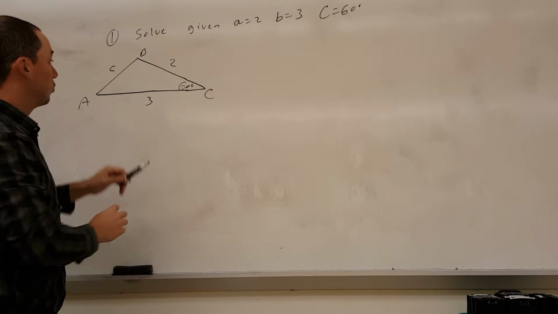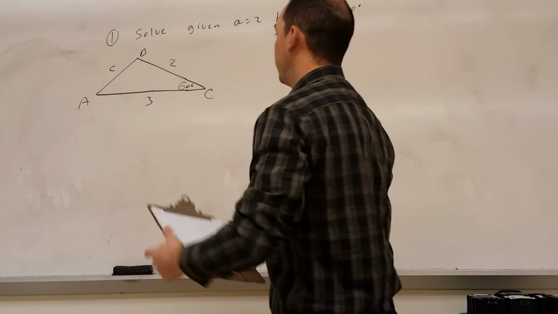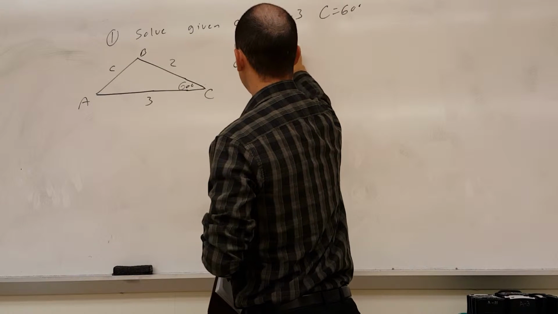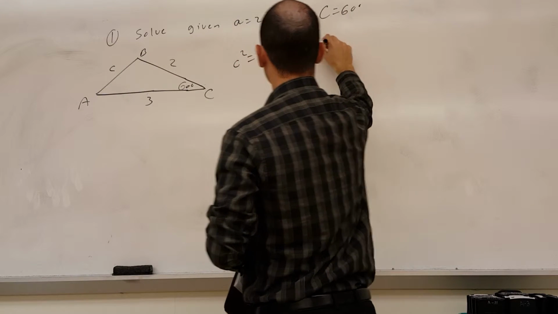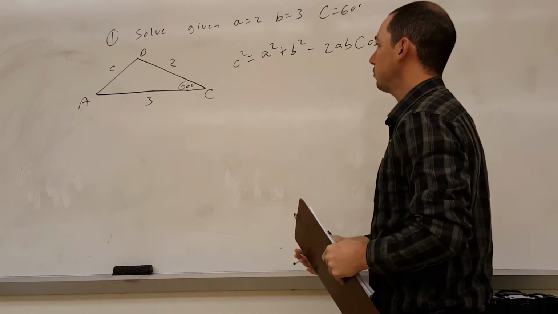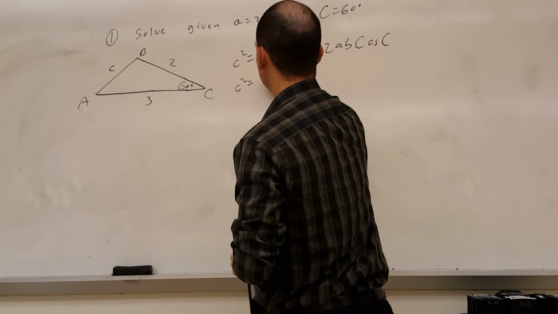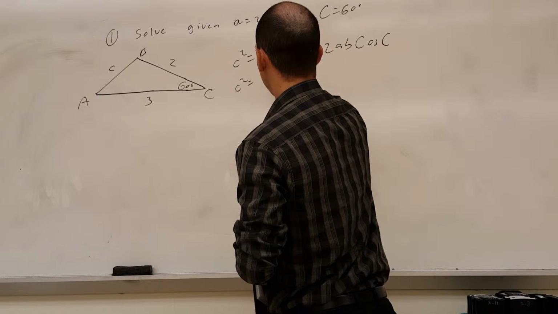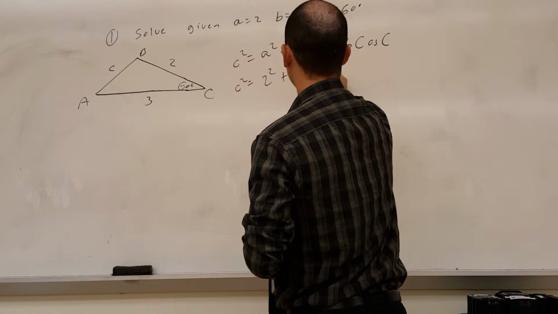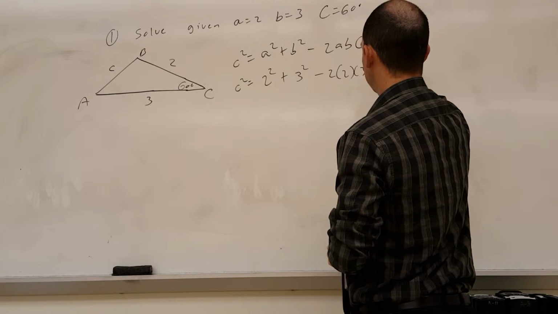Cannot use law of sines because we need a pair, we need this side. So the only side I can solve for is side c. So c squared is equal to a squared plus b squared minus 2ab cosine of angle C. C squared is equal to a is 2 squared, plus b is 3 squared, minus 2 times 2 times 3 times the cosine of 60.